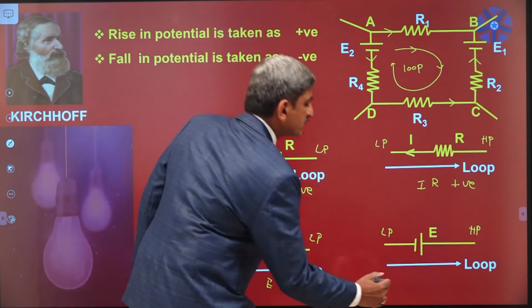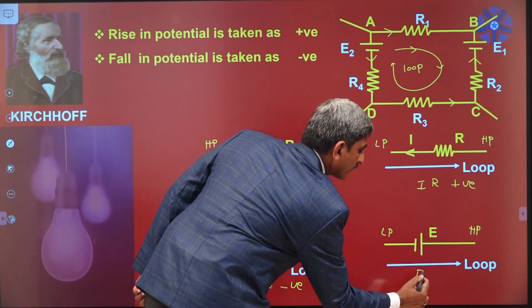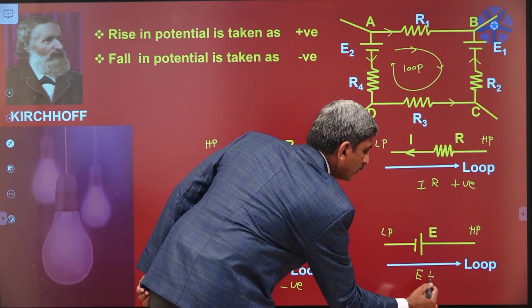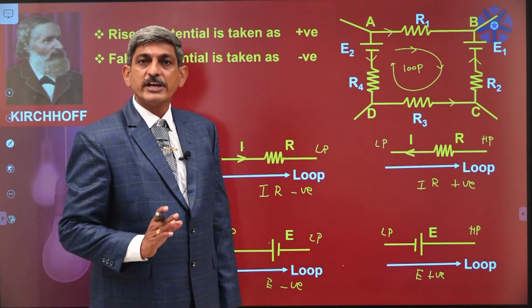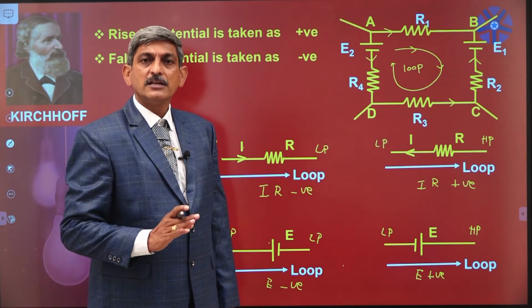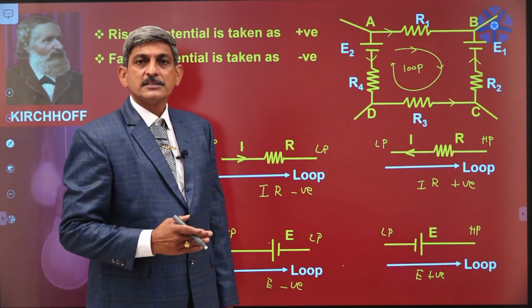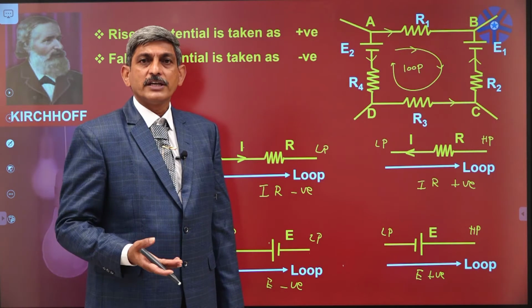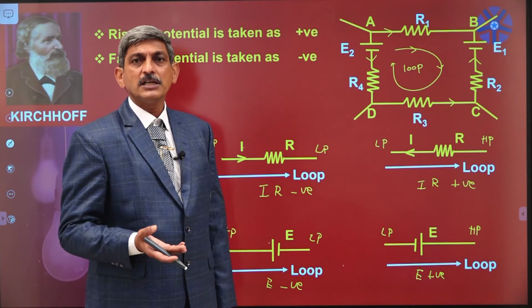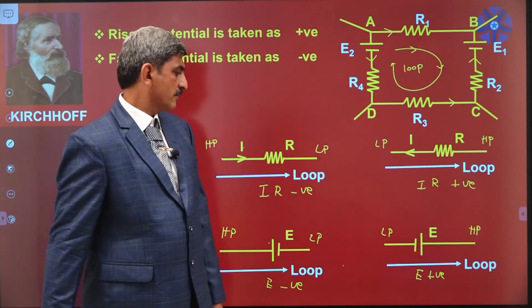The rise in the potential is taken as positive. That's why whenever we are moving in the loop, whenever there are cells or batteries, by following this, we can identify whether there is a rise of potential or a fall in potential.